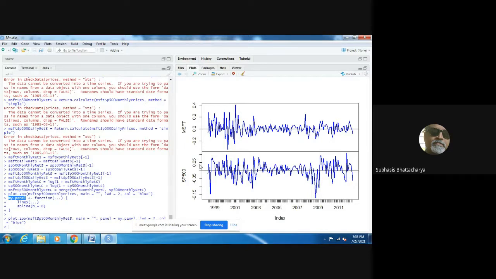For example, the series shows higher volatility over the period 1998 to 2003, and again 2008 to 2012, and over the period 2003 to 2008 it is quite lower.